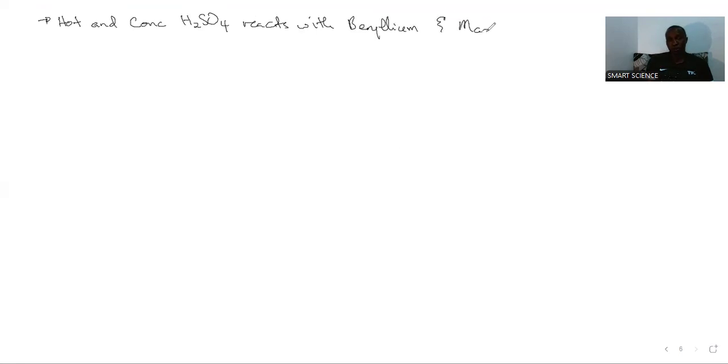With concentrated sulfuric acid, it has to be hot, so hot and concentrated sulfuric acid, this one reacts with metals like beryllium and definitely magnesium to form respective sulfates, sulfur dioxide, and water.